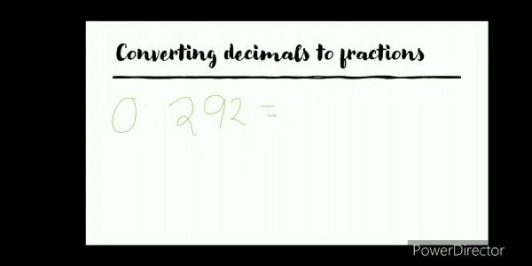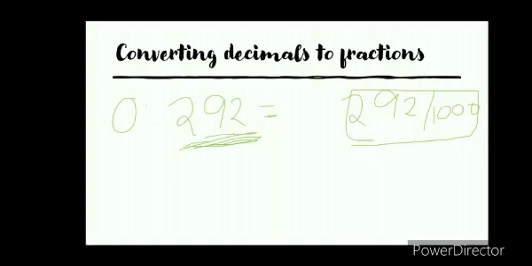So to make this, first you need to write this number, then check how many numbers are in here. There are 1, 2, 3. Then you need to write 3 zeros in here and write 1 before the 3 zeros. Then it becomes 292 by 1000. That's it.